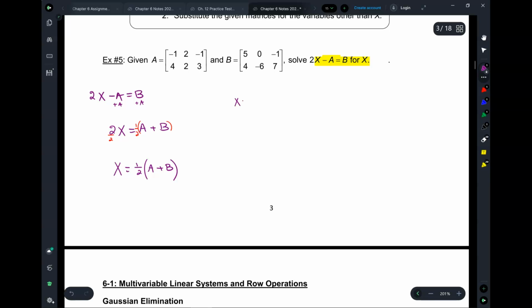Once you've solved it, now substitute the matrices in there. 1/2 times matrix A plus B. I know, lots of brackets again.